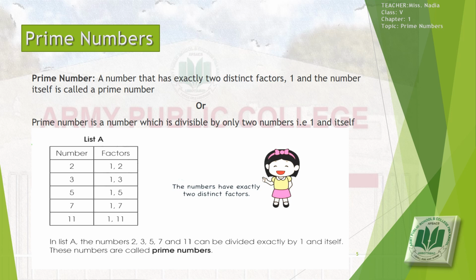Look at list A. Here the number 2 is divisible by only two factors, 1 and 2 itself. No other number divides 2. So 2 is a prime number. Similarly, 3, 5, 7 and 11 also have two factors. So these numbers are prime numbers.